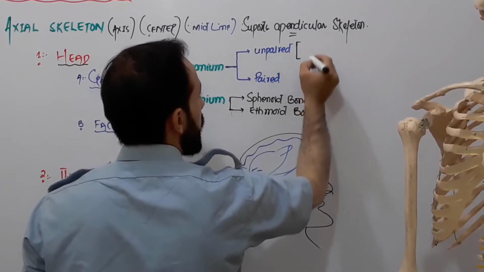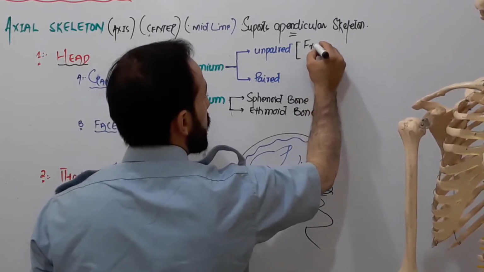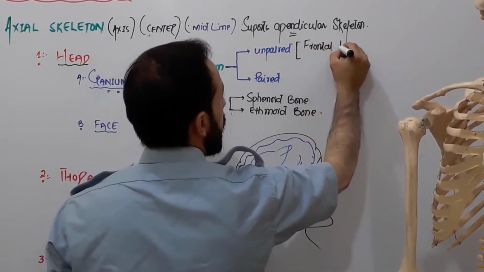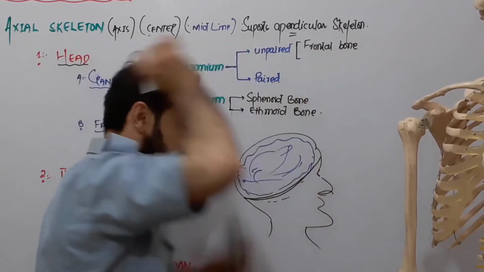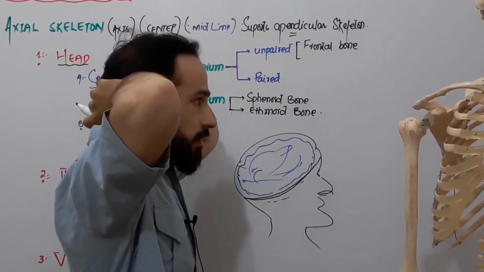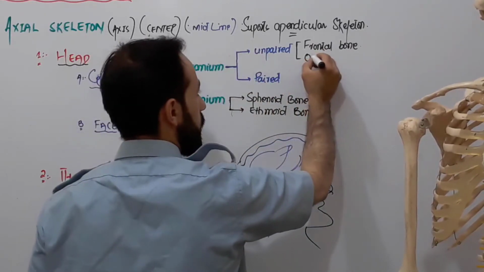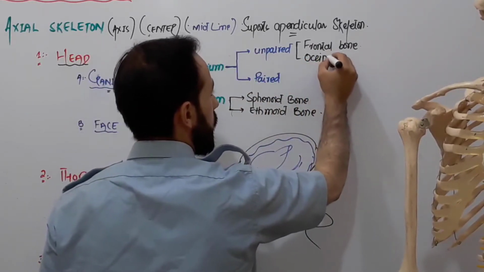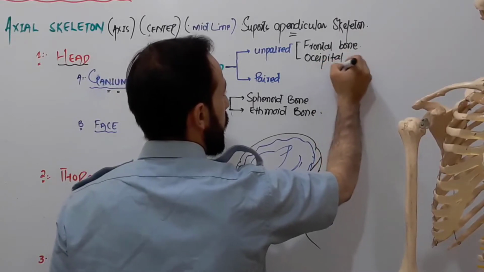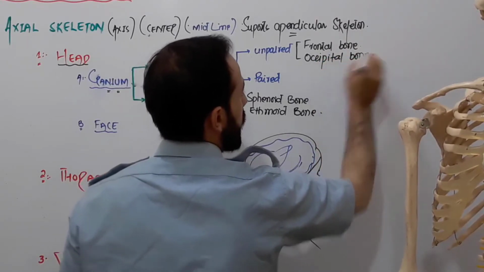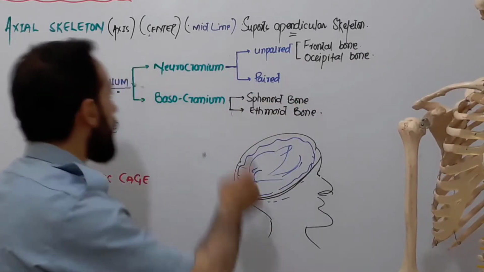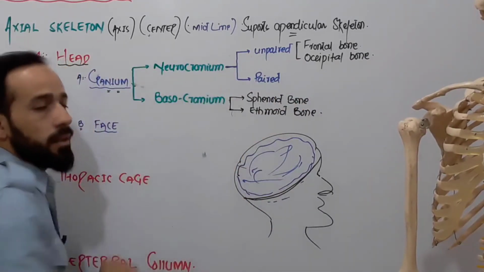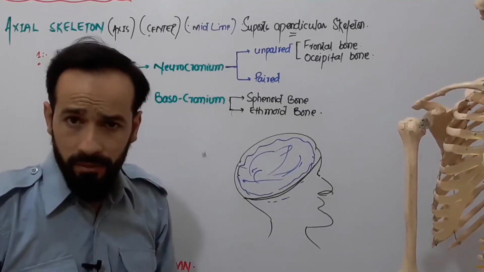Let's write it here. There is unpaired bone which is frontal bone, and then on the posterior side, this one, this is occipital bone. So frontal and occipital bones are the unpaired bones of your narrow cranium, right friends?